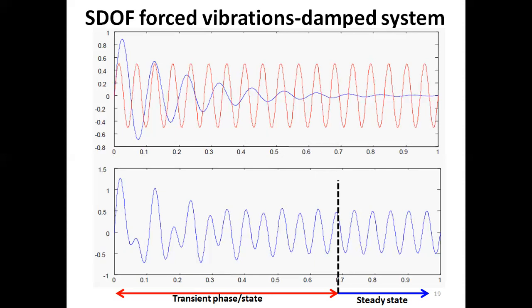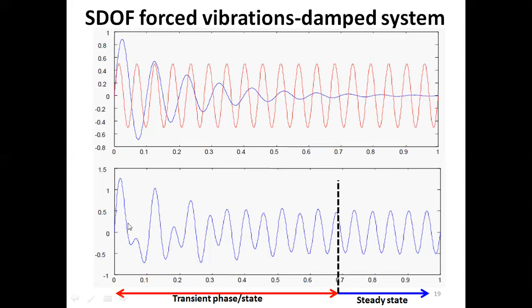So if you are designing that gap for the steady state amplitude, then in the beginning, when you are starting your jet engine, it would vibrate, and the amplitude of vibration would be this.